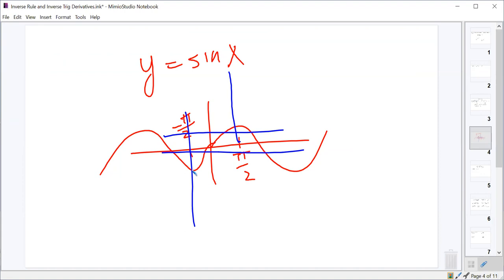And so if we restrict from -π/2 to π/2, we get all of the y values that we get out from sine, but we don't have any overlap on the horizontal line test, and we end up with the inverse function actually being a function. Does that make sense?